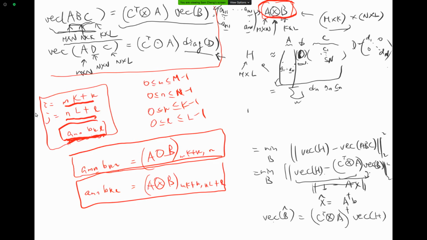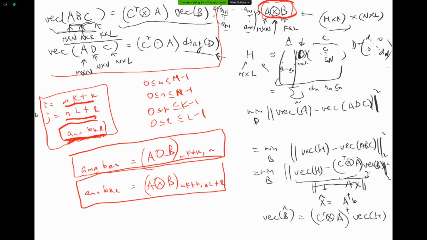We want to minimize, in this case, over D, the second norm of vectorized H minus vectorized A, D, C, so that it is as small as possible.